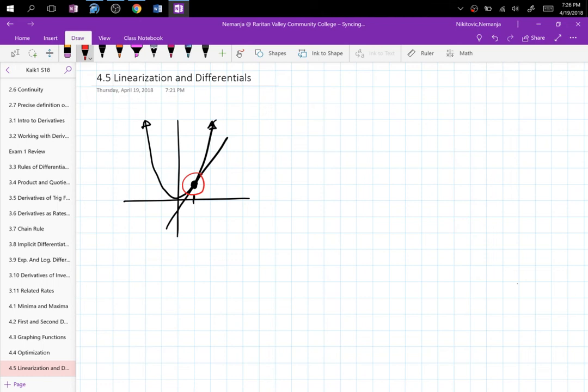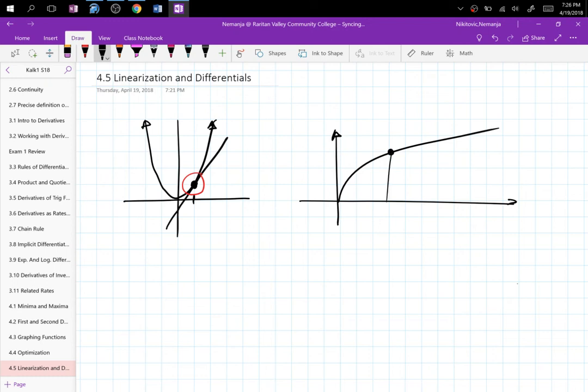If I draw the square root function and I pick some point somewhere and I draw a tangent line and I put the circle around, you see that the y values of the tangent line and y values of the function are very close by.